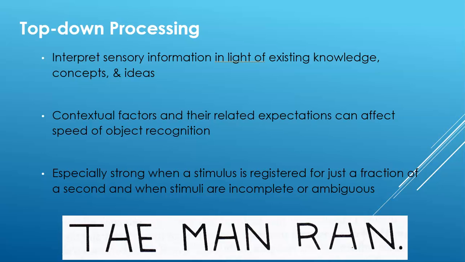So, for instance, when looking at the sentence on the bottom, the man ran, the very top is cut down, but we're still able to look at this and immediately say, the man ran, even though if you were to look at individual elements, this is an H, and over here, this also looks like an H. But when you're looking at the whole thing and using top-down processing, you're filling in the gaps to see the whole overall thing rather than the individual components.